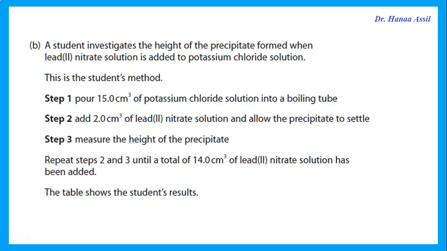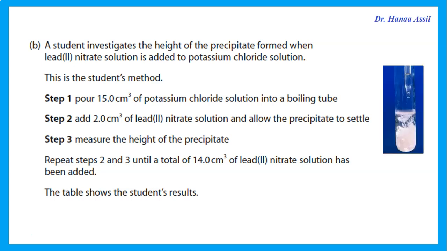A student investigates the height of the precipitate formed when lead nitrate solution is added to potassium chloride. He already said that when we add lead nitrate solution to potassium chloride, we should get a precipitate. So he put 15 cm³ of potassium chloride into a boiling tube, added 2 cm³ of lead nitrate solution. This forms a precipitate.